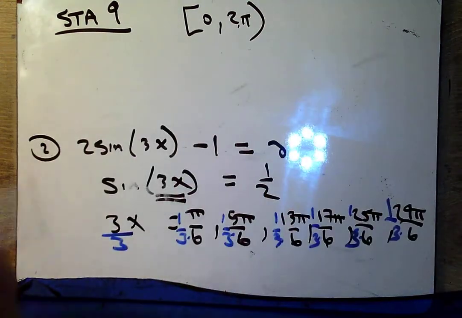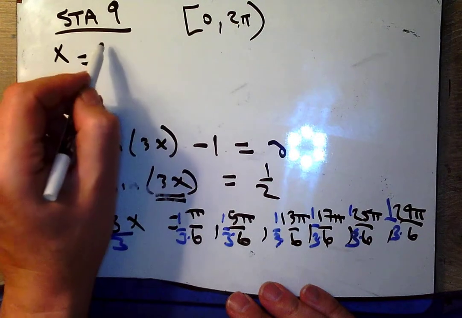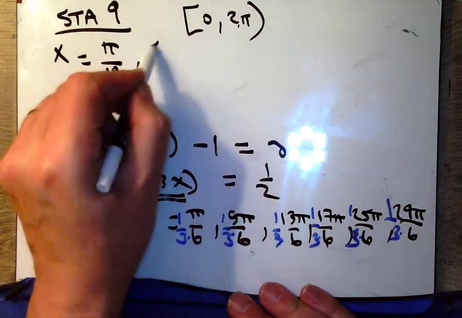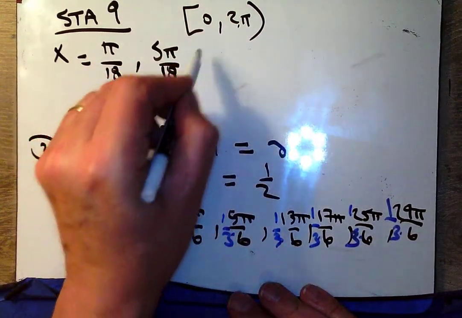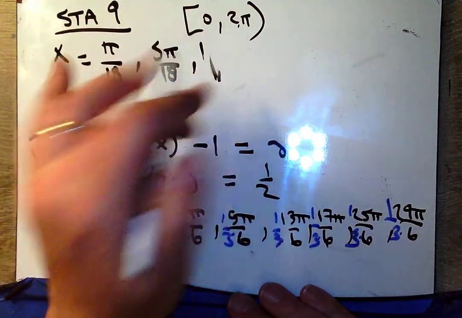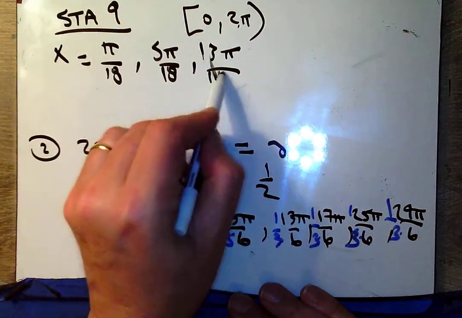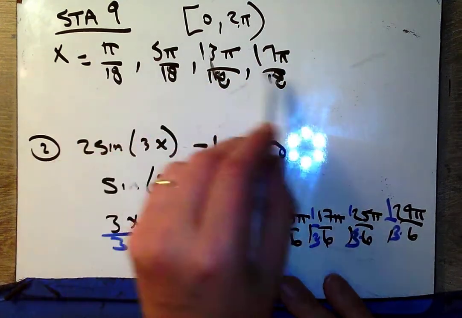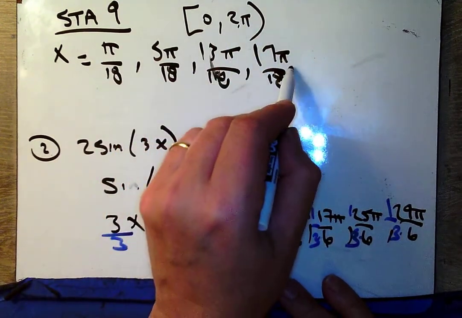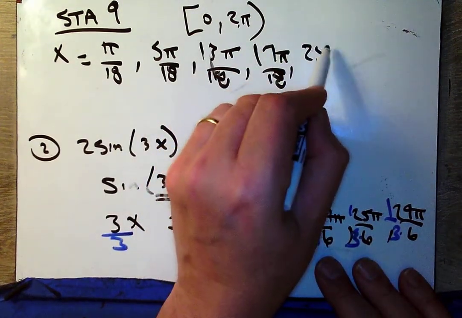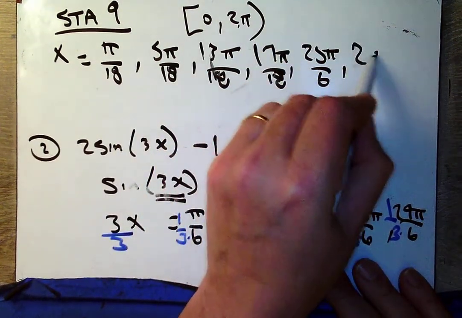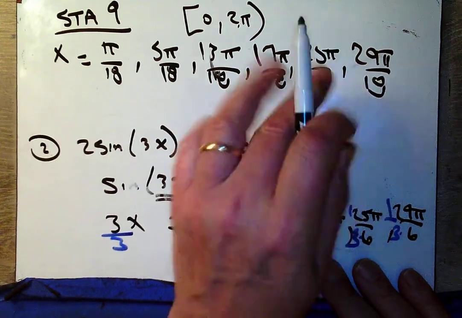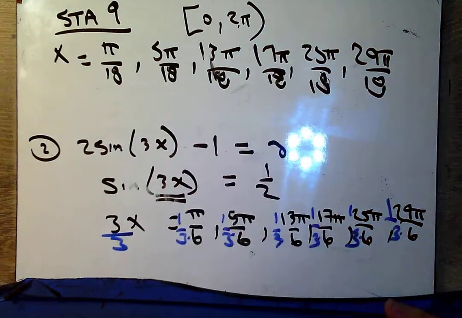Here I'm going to have 6 answers: pi over 18, 5 pi over 18, 13 pi over 18, 17 pi over 18, 25 pi over 18, and 29 pi over 18. Okay, there are my 6 solutions. And that was number 2 on station 9.